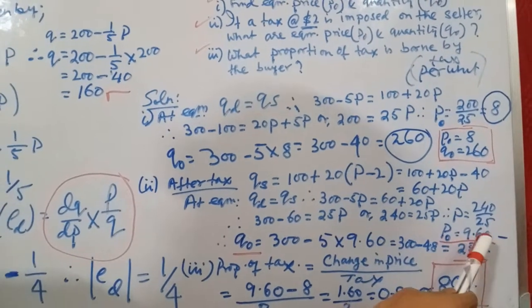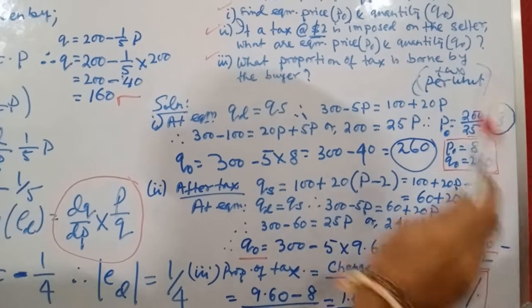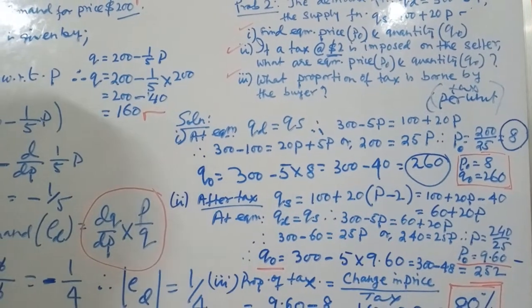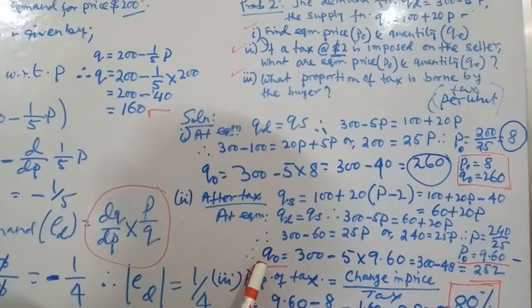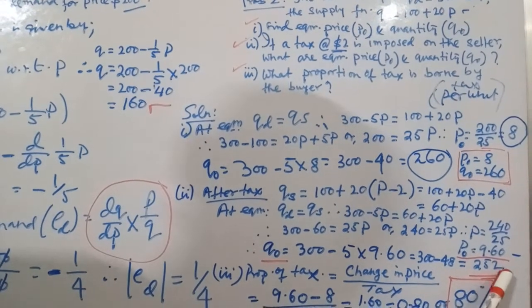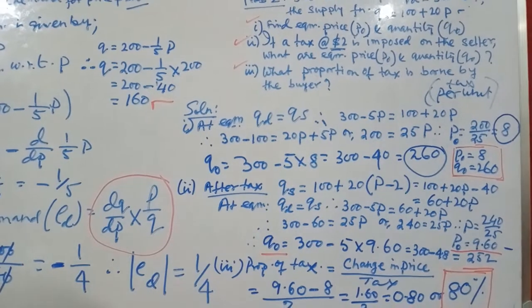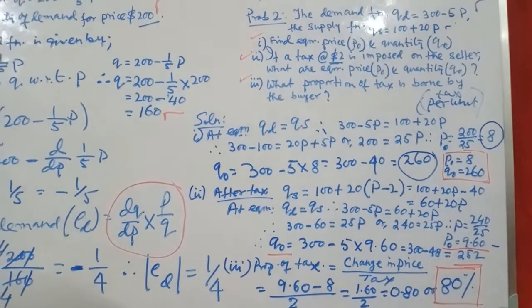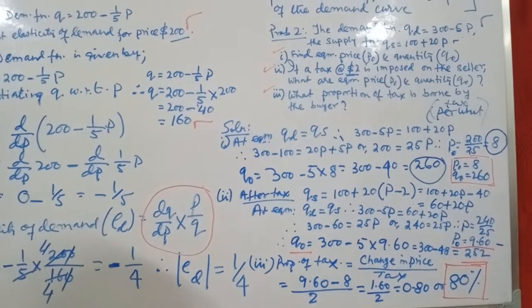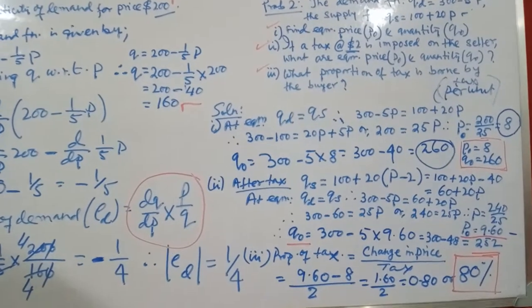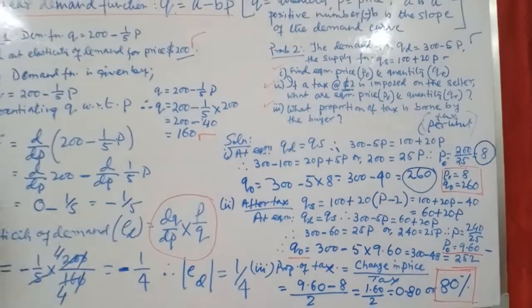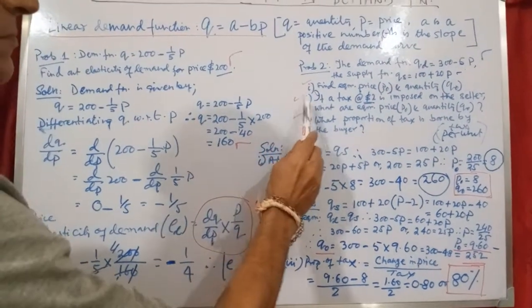Now P0 is 9.60, that is $9.60 per unit, and Q0 is equal to 252 units. That is, the new equilibrium price is $9.60 and the new equilibrium quantity is 252 units. So part 2 is done.